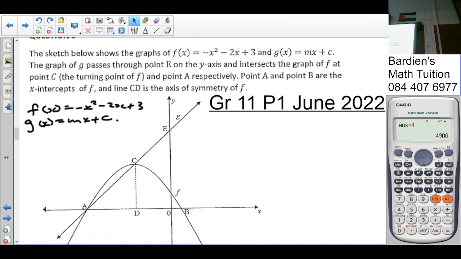The graph of g passes through the point E on the y-axis and intersects the graph of f at the point C, which is also the turning point of f, and A and B respectively, in that order. Points A and B are points of f, and the line CD is the axis of symmetry of f. Okay, let's take this up.